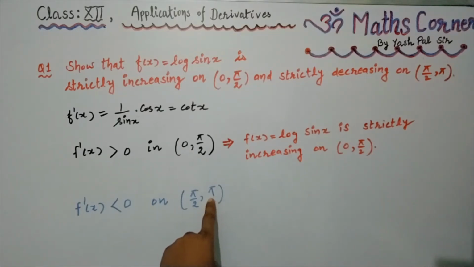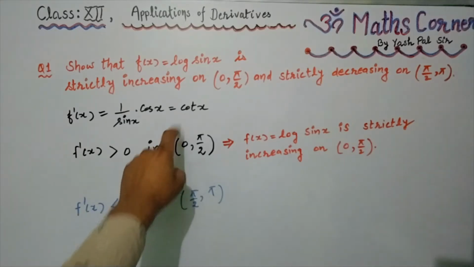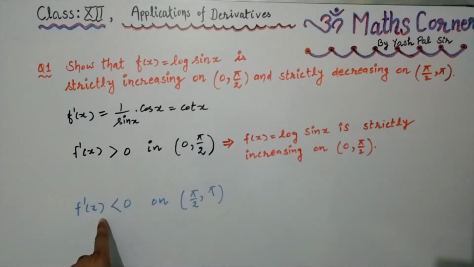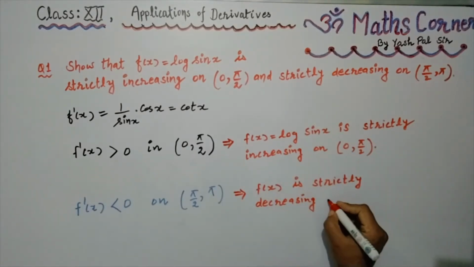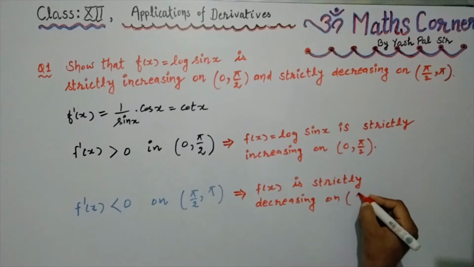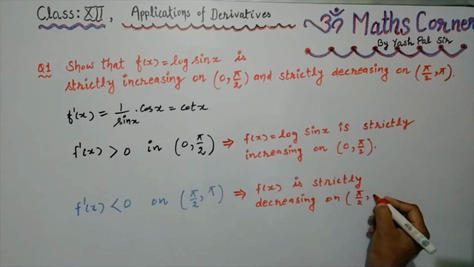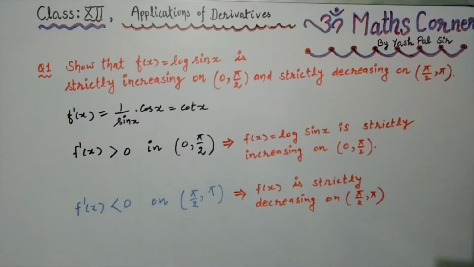Excluding pi by 2 and pi, cotangent x is negative. So what is the conclusion? f of x is strictly decreasing on pi by 2 to pi. This is the conclusion, right? So this was our question number 1.